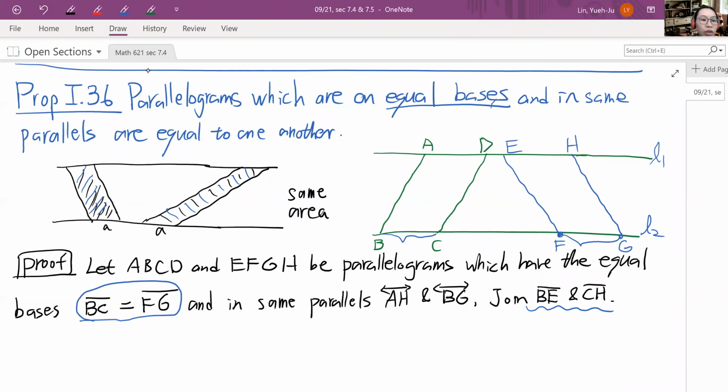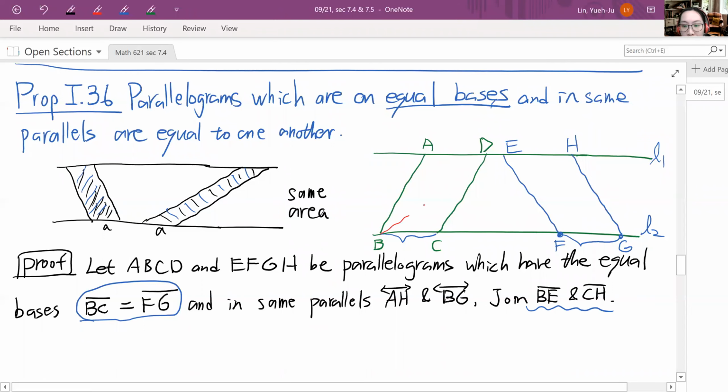Let me use a different color here. I want to join BE and CH. My goal is to prove that the area of the green parallelogram is going to be the same as the area of the blue parallelogram.